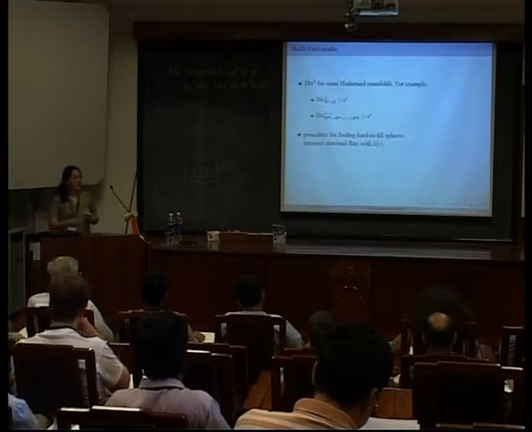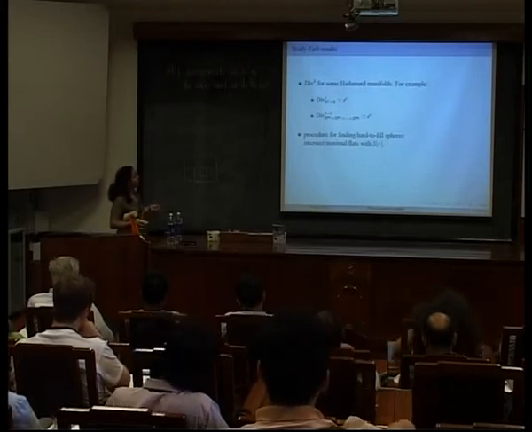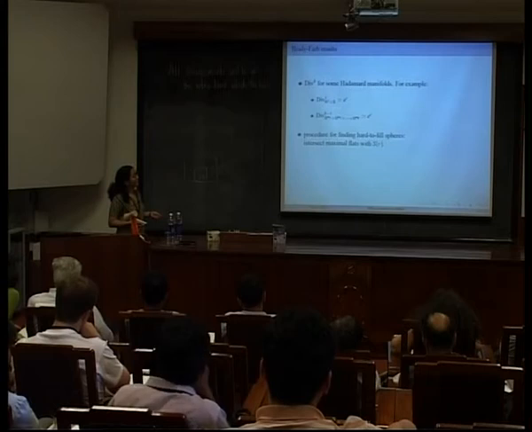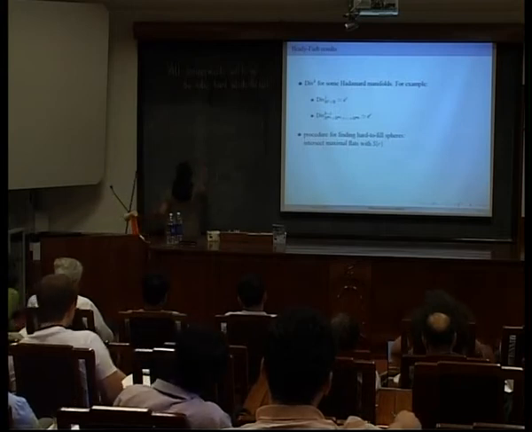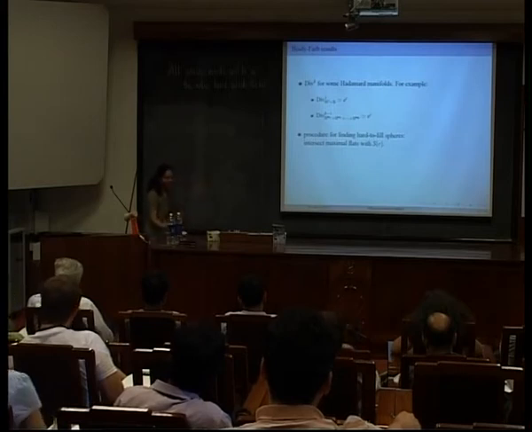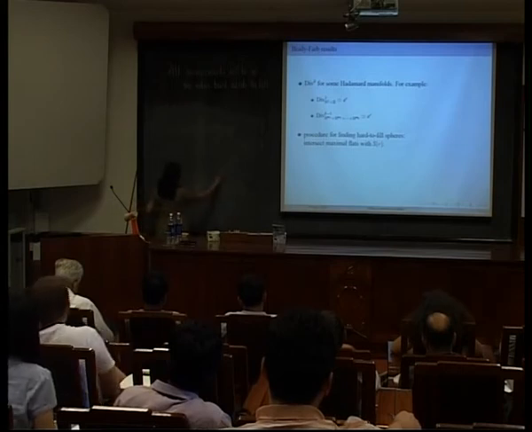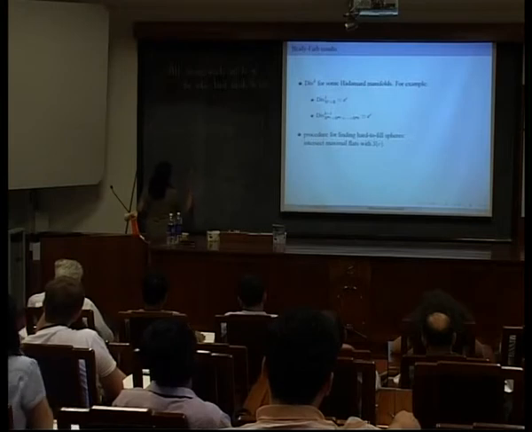And the idea was, if you're in this situation where you're looking at the divergence that's in dimension 1 less than the rank, then there's a way of finding a sphere that's going to be hard to fill by intersecting maximal flats with the sphere of radius r. So let me try to draw a picture in the case of H2 cross R. So here's the H2 direction, and here's the R direction.